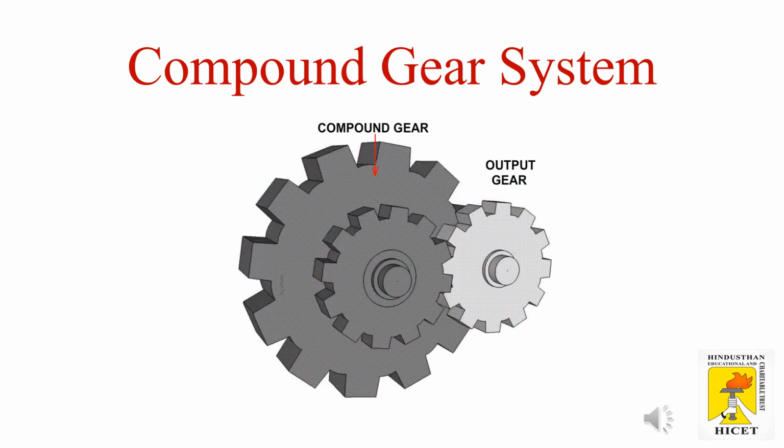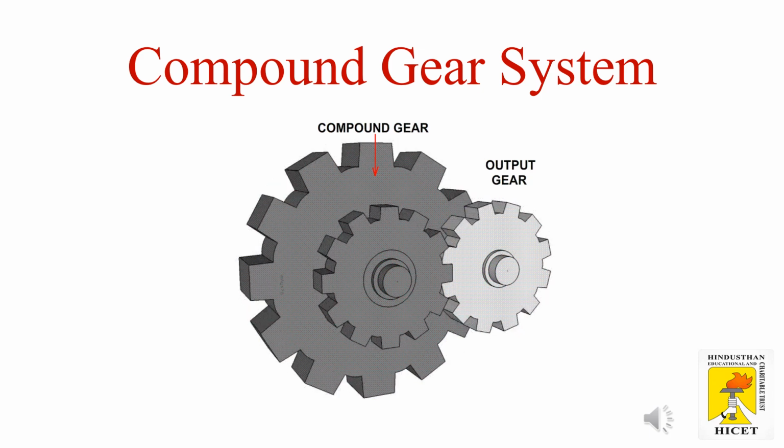There are many applications that require lower output shaft speeds. Generally, these applications are run by high-speed electric motors. In such applications, the compound gear trains are used to achieve the required larger speed reductions.